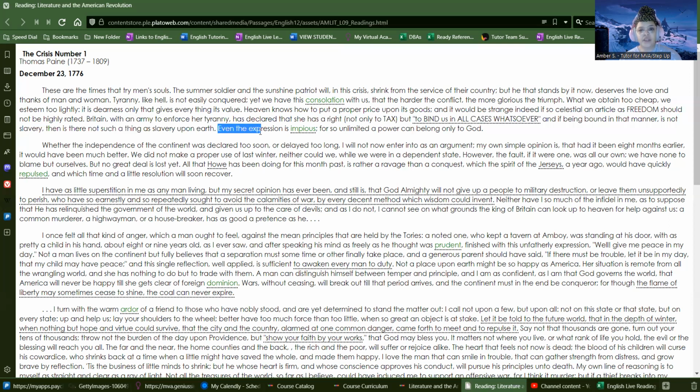So even the expression is impious, for so limited a power can only belong to God. So what he's saying is impious is not religious or lacking respect, right, for religious practices. So what he's saying here is that to use language like to bind us in all cases whatsoever is a power that only God can exhibit. So only God can bind people in all cases whatsoever.